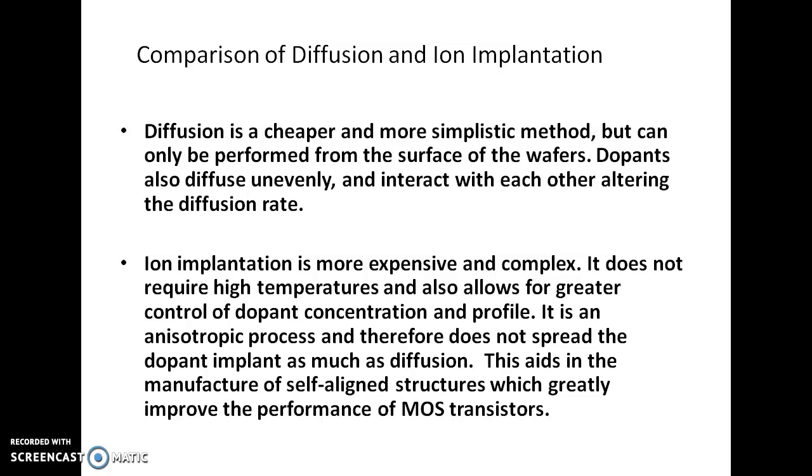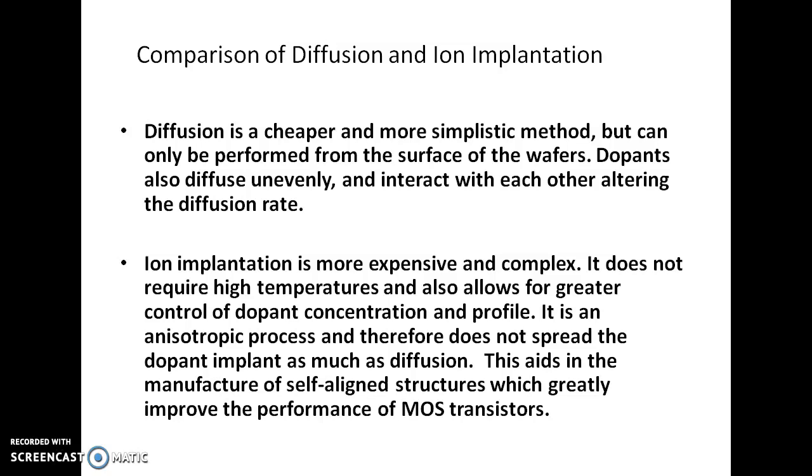Let me summarize. An epitaxial layer is grown whenever we want to place one layer upon the other, but selective doping and deep doping are not possible with epitaxy, and it is also costly. In diffusion, selective doping is possible, but it is not uniform and it alters the doping rates, so for that we prefer ion implantation.